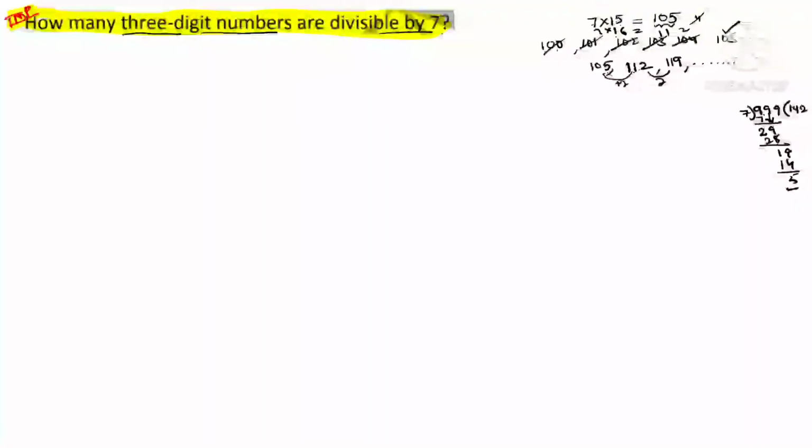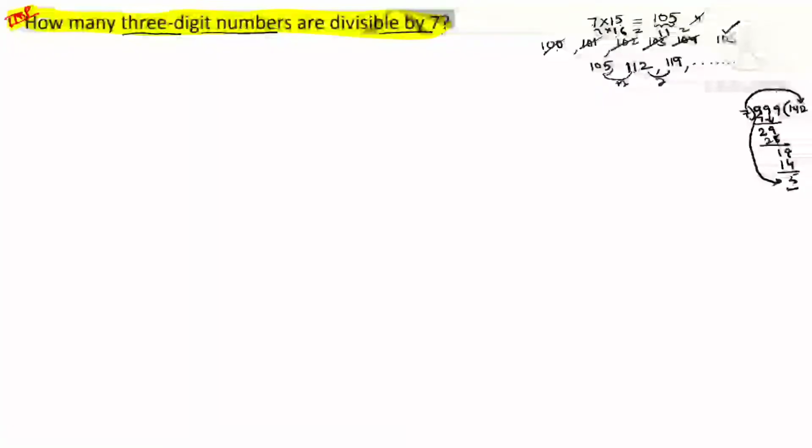So 999 minus 5 gives the number divisible by 7. 999 minus 5 is 994, yes?